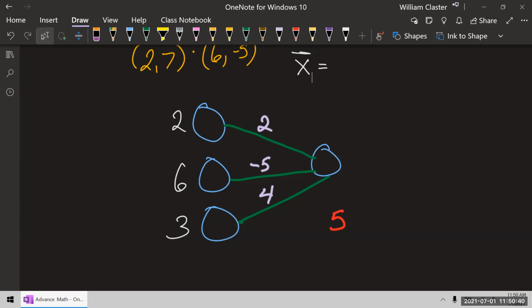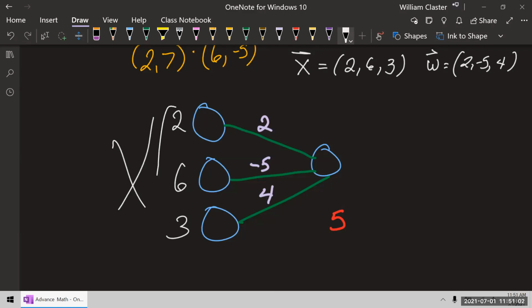Yeah. The x vector is 263 and the w vector is 2 minus 5 and 4. Okay, 2, 6, 3. That's the x vector. And the w vector she just said is 2, -5, 4. So this is the x, and this is the w.